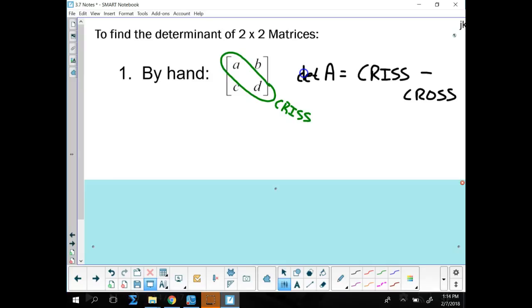So I multiply those two together. So that's going to be A times D. Then I subtract off my cross. C times B.